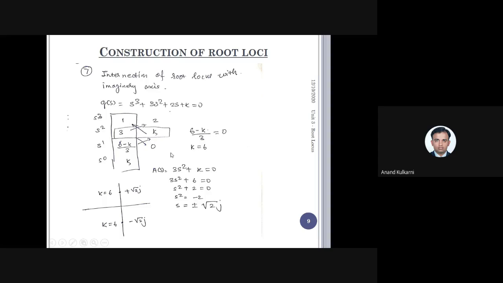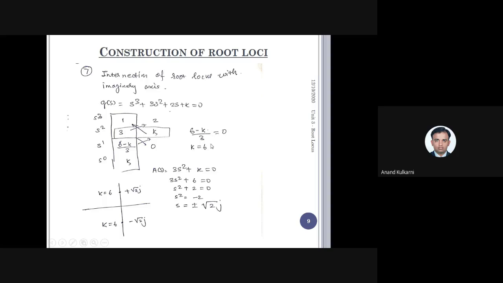When the whole row becomes 0, you get the auxiliary equation. That is difficulty number 2 in the Routh stability criterion. In the yesterday's class, I told you that when a whole row becomes 0, you have to take the auxiliary equation. Now write down the auxiliary equation. This row corresponds to the s square term, the row preceding the zero row. So the auxiliary equation is 3s square plus k equal to 0.